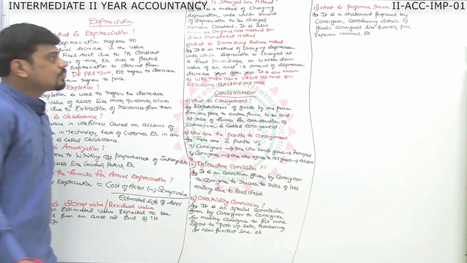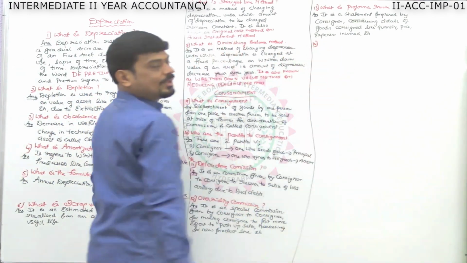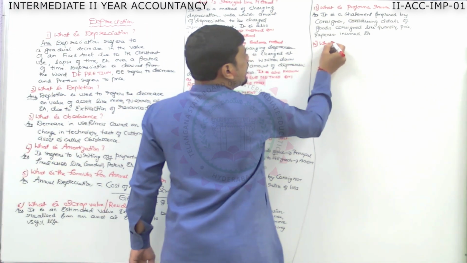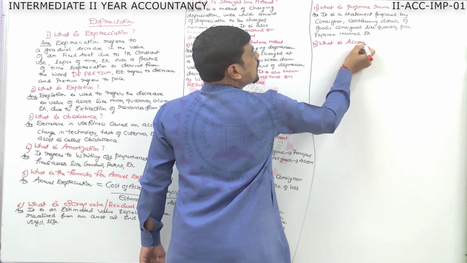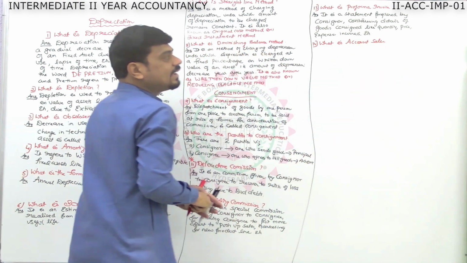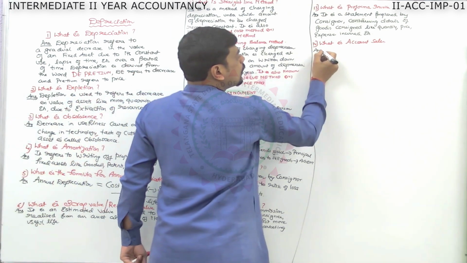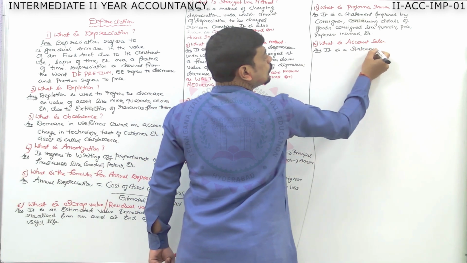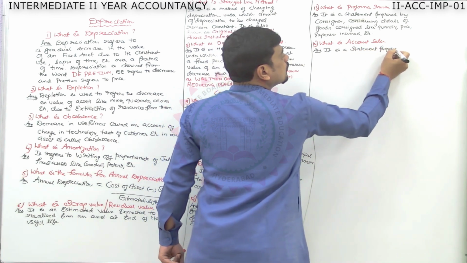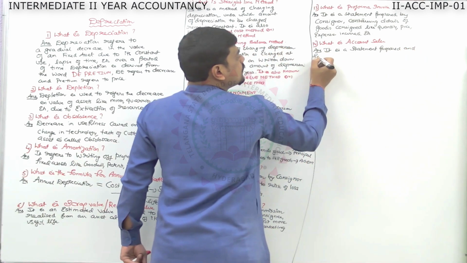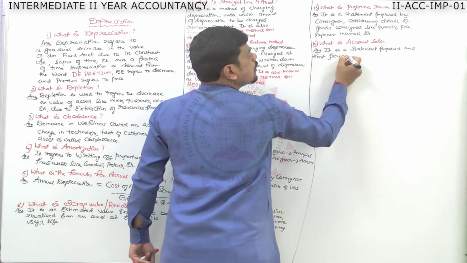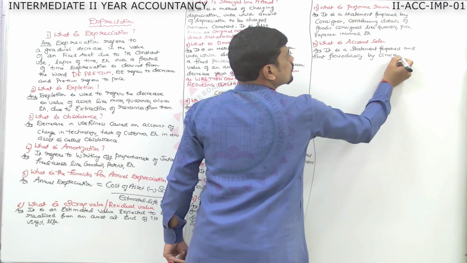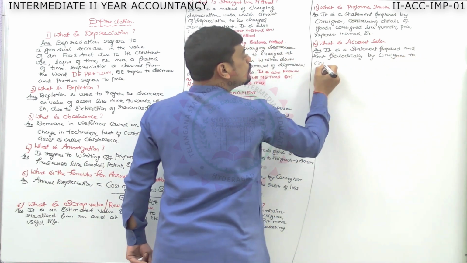Then the last important question from this chapter, what we expect. Then you can expect what is account sales. This is also frequently asked. Let us see the answer for account sales. Then we'll write it is a statement prepared and sent periodically by consignee to whom?